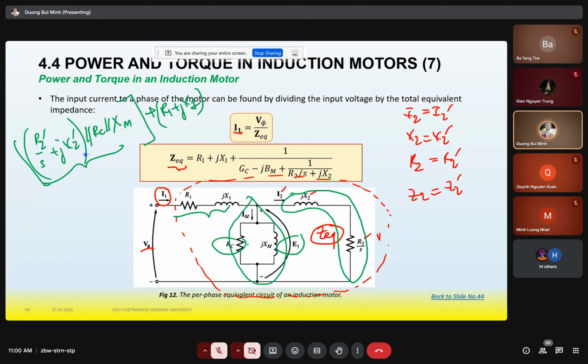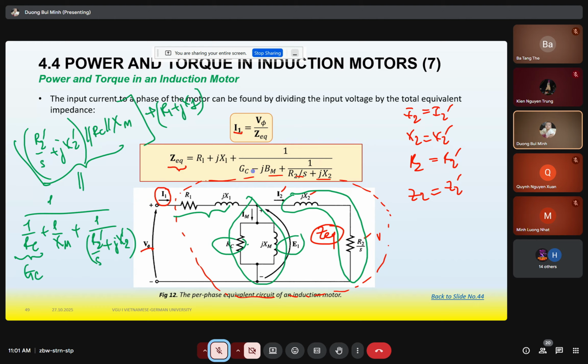So how can we calculate this? It is 1 over the sum of 1/RC plus 1/(jXM) plus 1/(R2'/S + jX2'). 1/RC is GC. 1/(jXM) is minus jBM, where BM is 1/XM, because 1 over j means j over j squared, and j squared is minus 1, so 1/j is minus j.